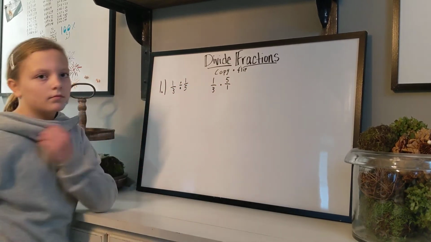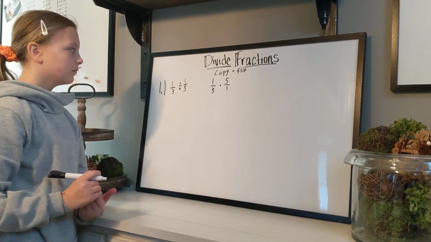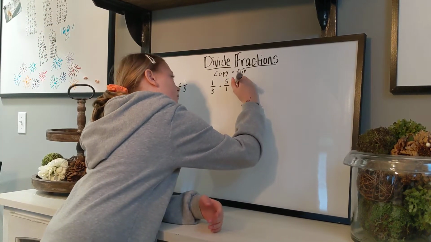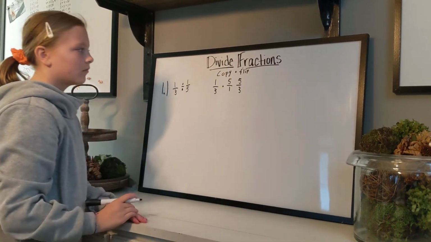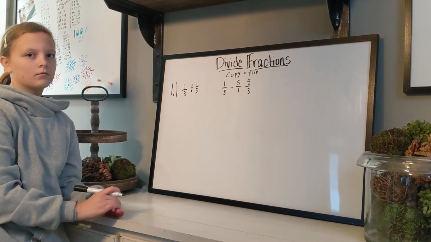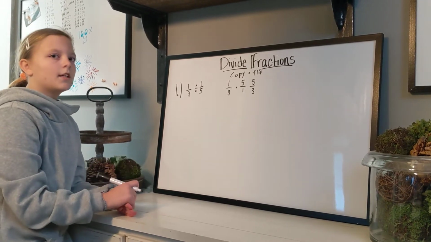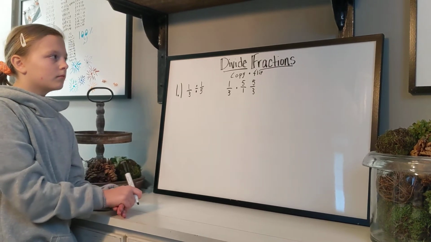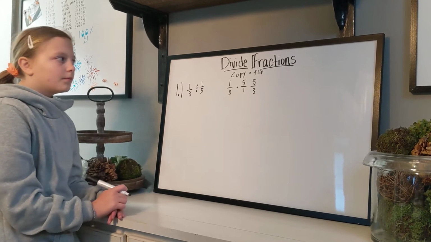Now once you've done that, we can multiply straight across like we did yesterday. So you just do 1 times 5 and 3 times 1, and that's our answer. Now, that is a valid answer, but is it a proper fraction? Improper. So the way that we turn that into a proper fraction is you think about how many times does 3 go into 5?